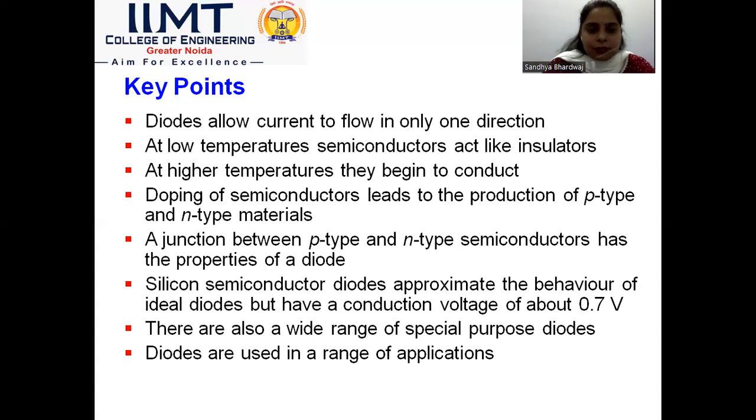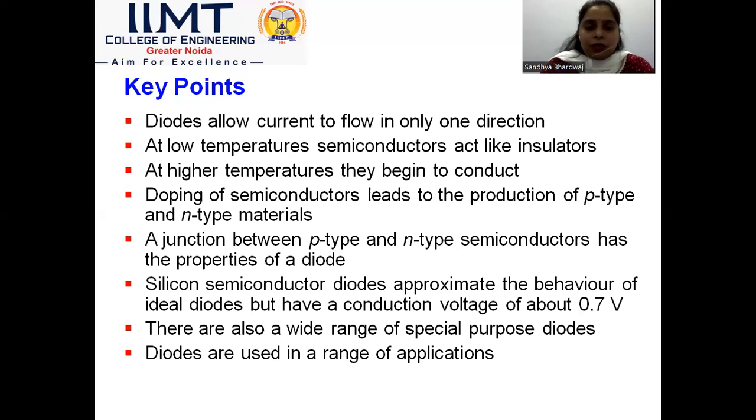A germanium semiconductor diode is not an ideal diode. In earlier times we used germanium, then we found that silicon has better properties compared to germanium.